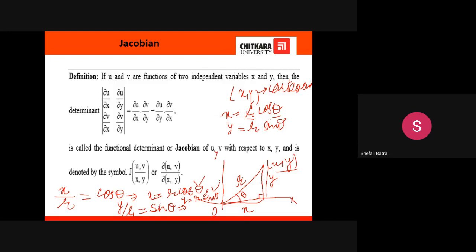Whenever we use a transformation of variable in multiple integrals, we use this Jacobian. So keep this in mind. What is the use of Jacobian? I'm telling you today, and I'll ask you in the next unit when we'll be doing multiple integration. In a multiple integral, whenever you use a transformation of variable, to equate the integrals we need one value, that is known as the Jacobian.